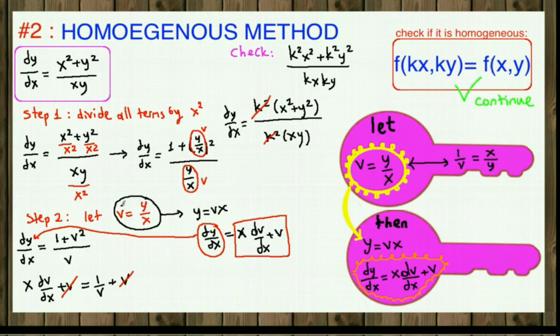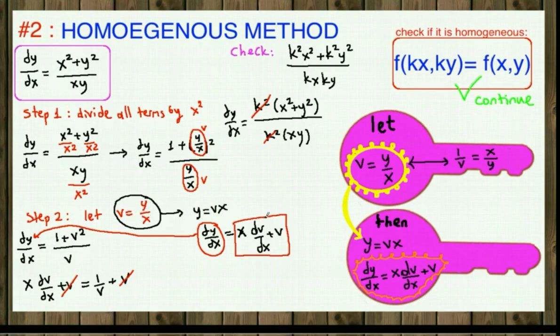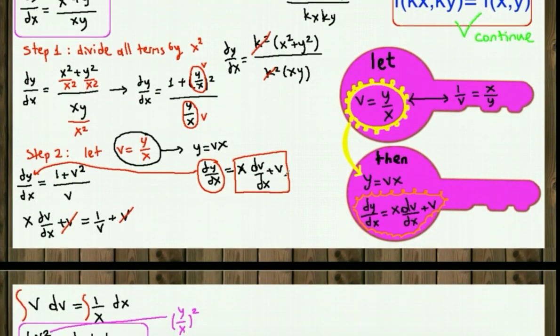And in the second step, we're going to do the v substitution. All y over x's will be v, x over y's will be 1 over v. And we're going to differentiate the equation we derive from v equals y over x, and this differentiation will be substituted for dy over dx. And we're going to simplify the equation and convert it into separable form.